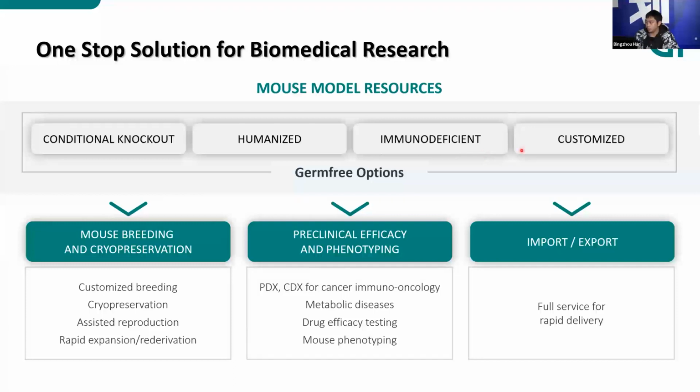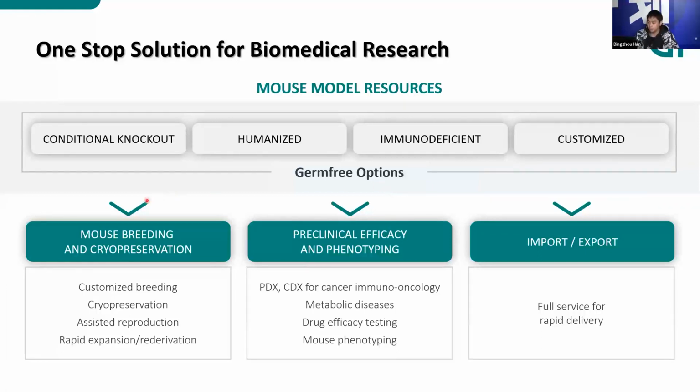And also we could do customized model generation according to the needs and the design of our customers. And also in most of our mice, we could give a germ-free option, and we also sell germ-free mice in regular strains like B6, BioBC, or immunodeficient NCG strains.